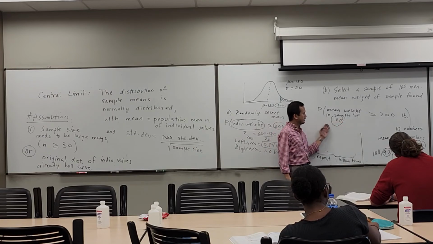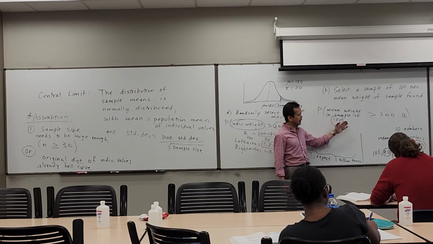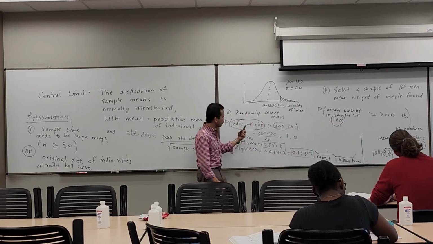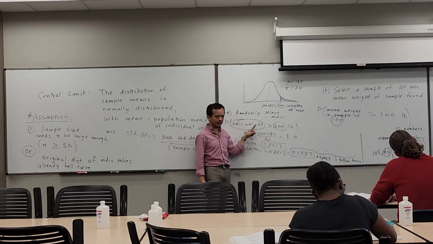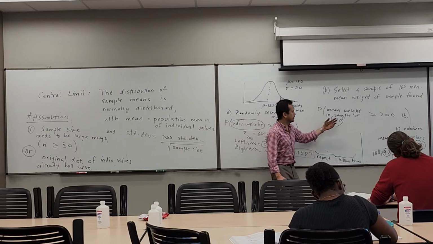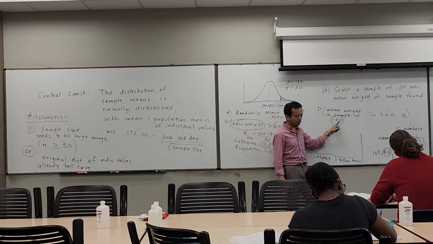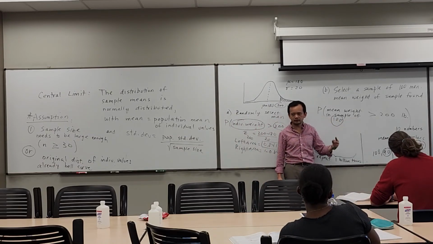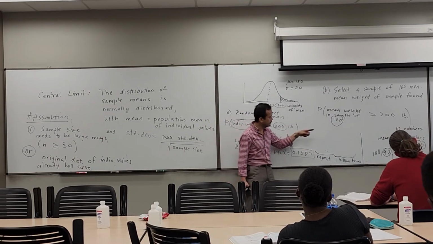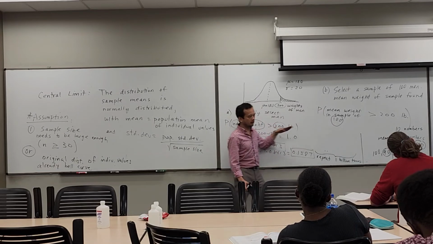So we say that as a whole, each of the 100 men are required to weigh more than 200 pounds. So in the previous situation, you're only requiring one man to weigh more than 200 pounds, and the likelihood of that is 15%. But in this case, essentially you're requiring all 100 men to weigh more than 200 pounds, so do you think the likelihood should be more or less? Less. Likelihood should be less, very good. So this probability will end up being much less than this probability.